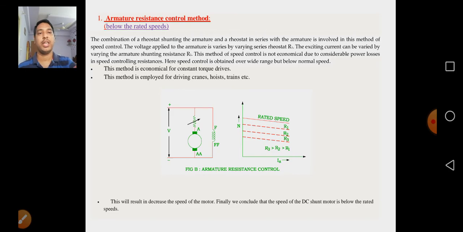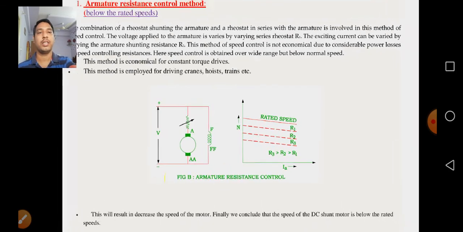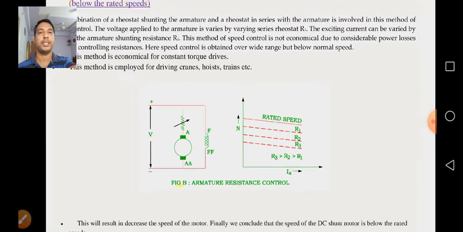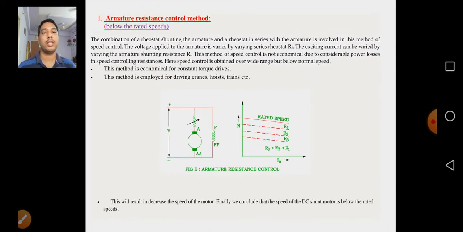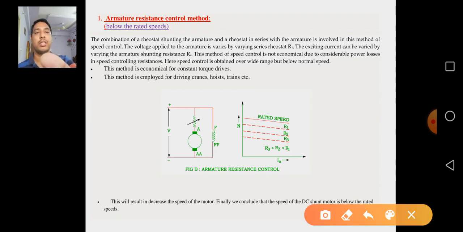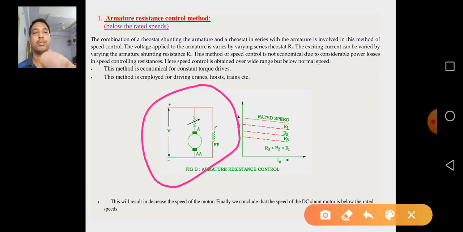For that we need the circuit diagram representation for speed control by the armature resistance control method. I need to control the armature resistance, so we are going to vary it. As we know from the equivalent circuit, this is the representation of the motor equivalent circuit.